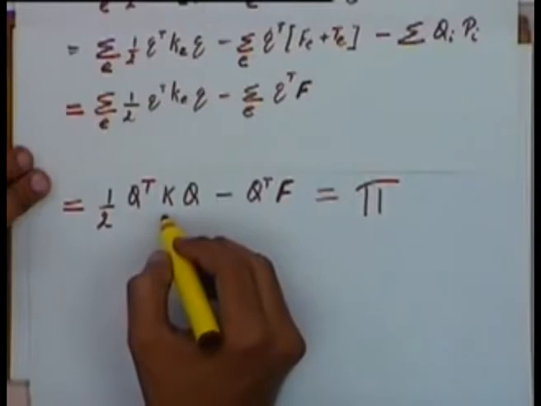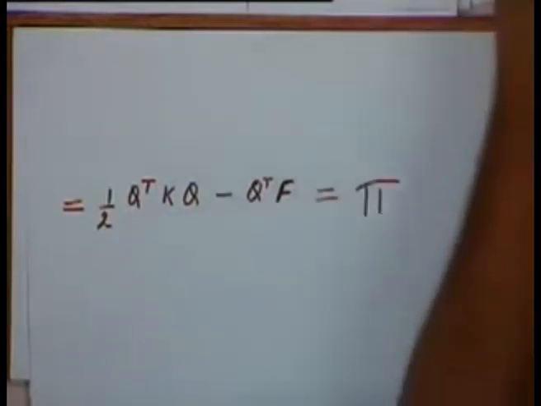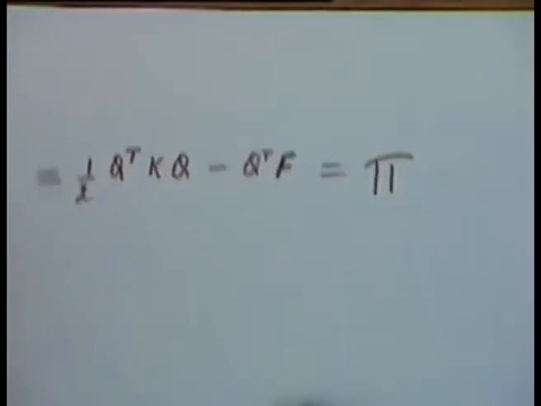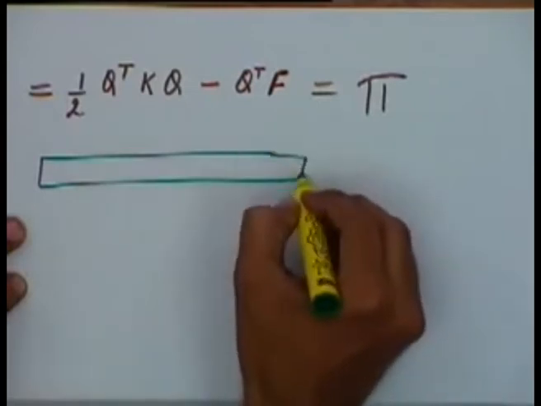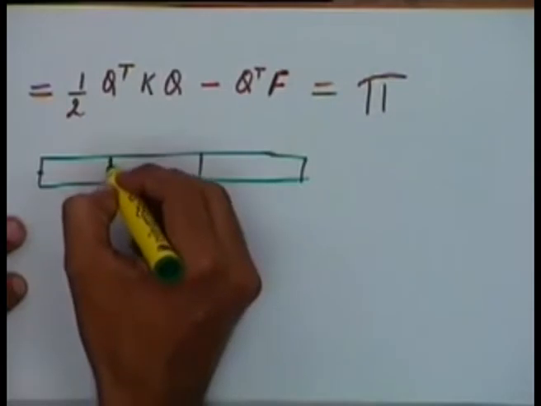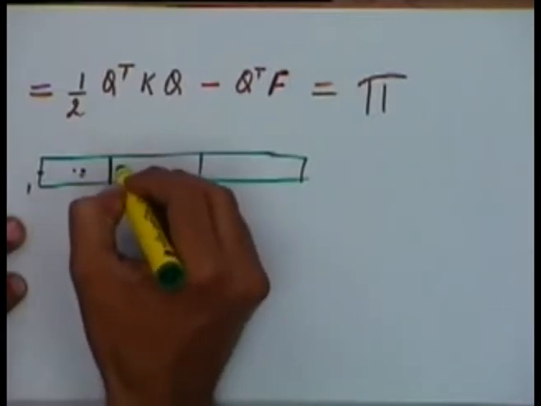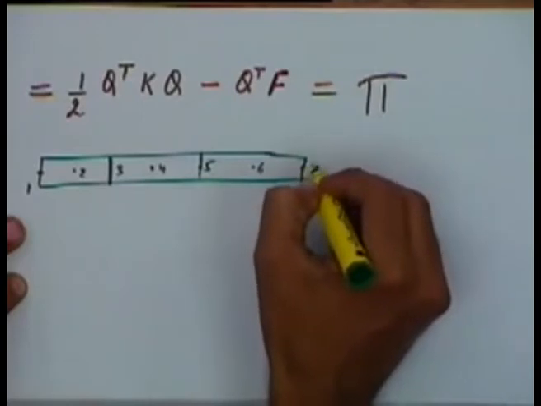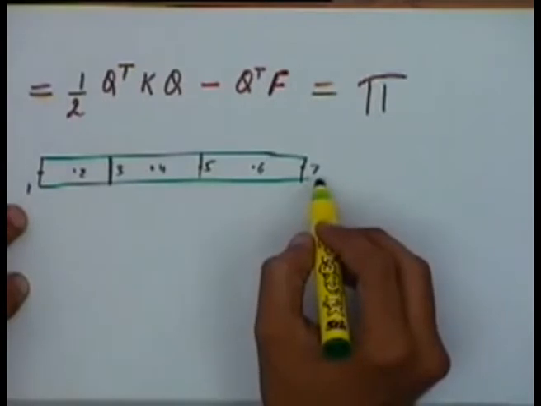The basic method for assembling the stiffness matrix will still remain the same. Let's say we have elements of this type, and these numbers are the global node numbers.